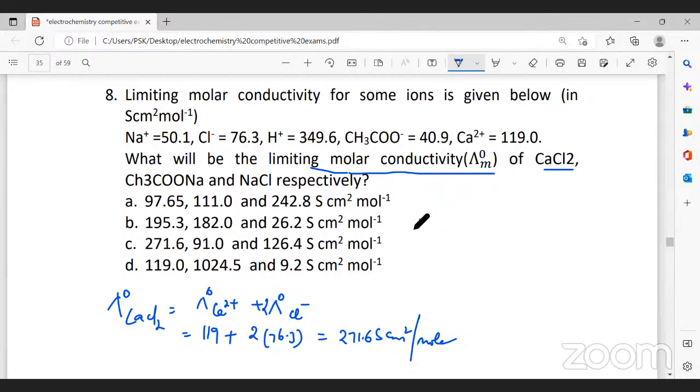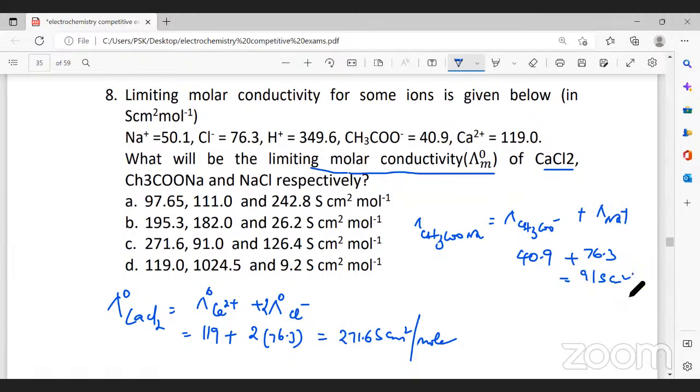Likewise, what will be the molar conductance of sodium acetate? Very simple question it is. Molar conductance of acetate ion plus molar conductivity of sodium ion. Acetate ion is 40.9 and sodium ion is 50.1. It will be equal to around 91 point something Siemens centimeter square per mole. And similarly for NaCl, it is very simple.